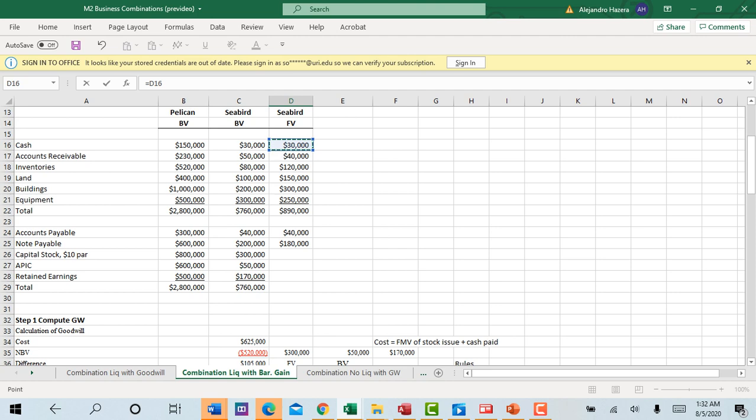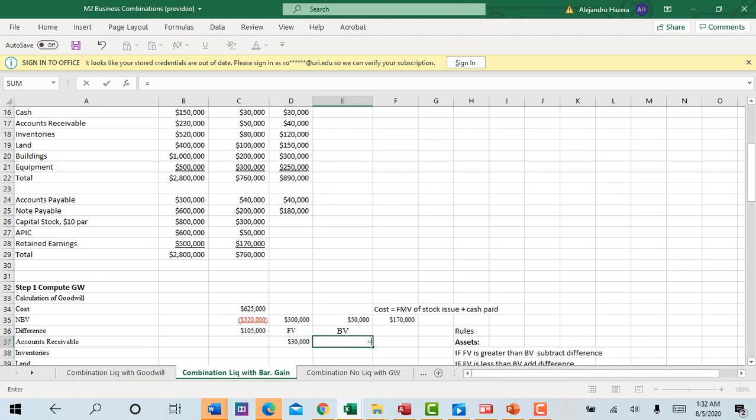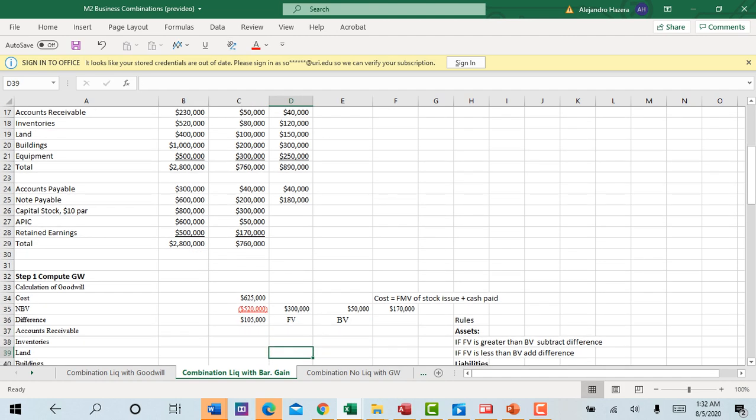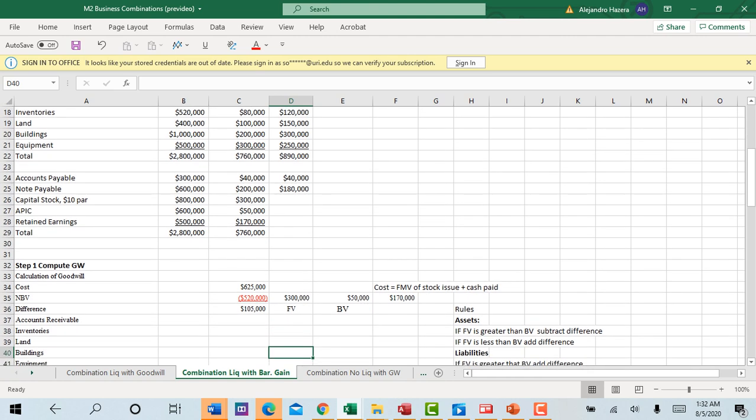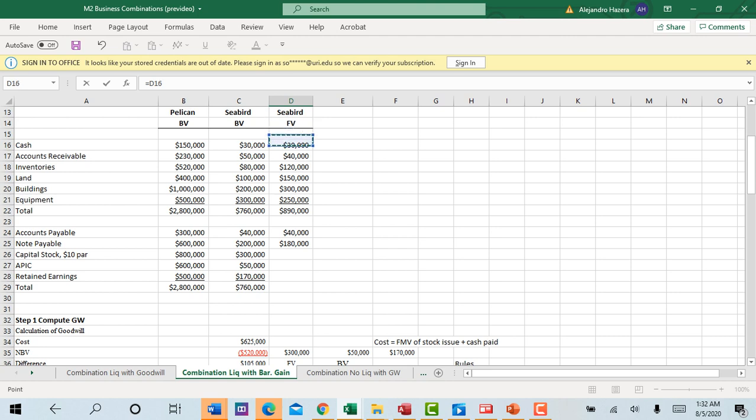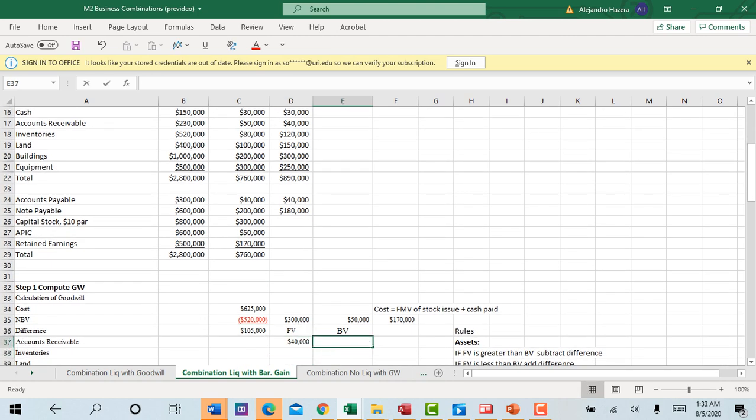Okay, so the fair value for cash is 30,000, and the book value is, wait a minute. You don't need that cash. You don't need to put in amounts for which the fair and book values are the same. So accounts receivable, fair value is 40, book value is 50. These are the same numbers from last time, but I'm going to do it a little slower this time.